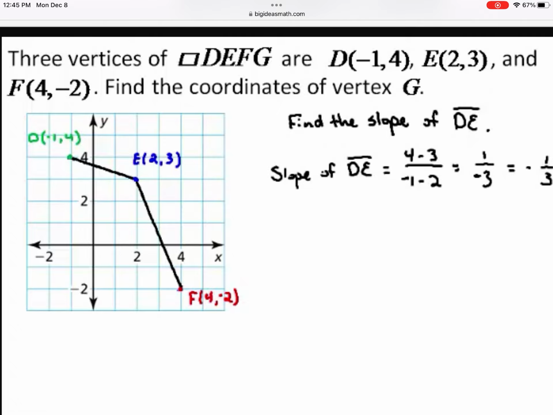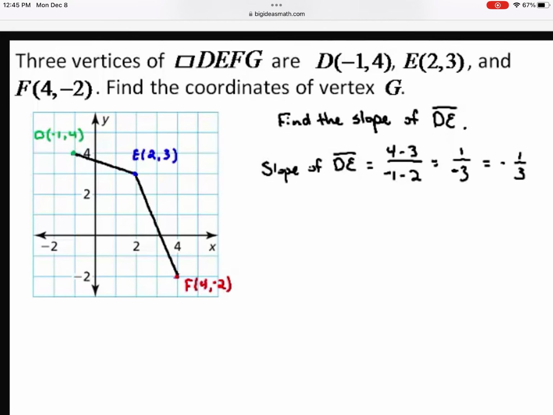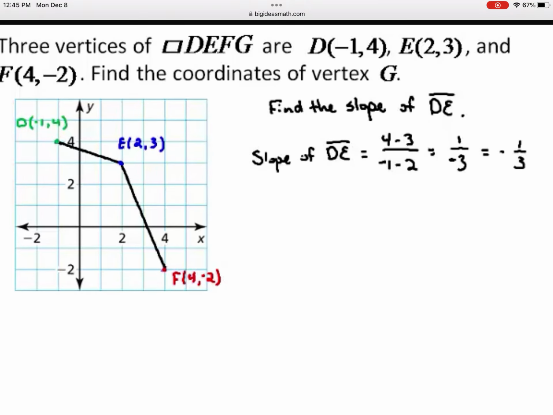So the slope of line segment DE equals the quantity 4 minus 3 divided by the quantity -1 minus 2, which equals 1 divided by -3, or -1/3. So the slope has a rise of 1 unit and a run of -3 units.